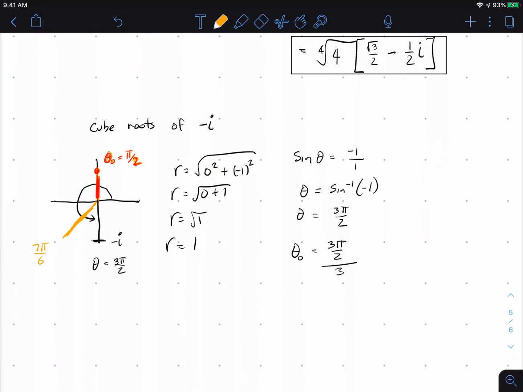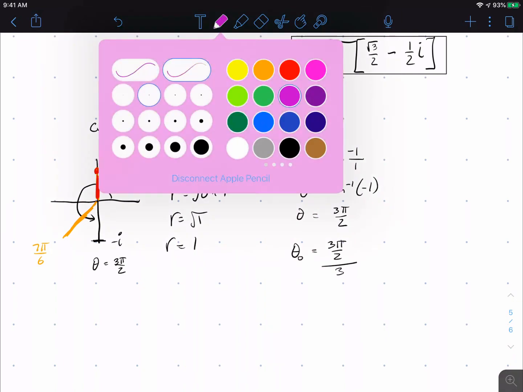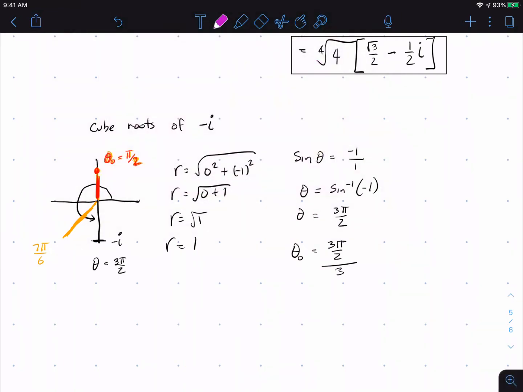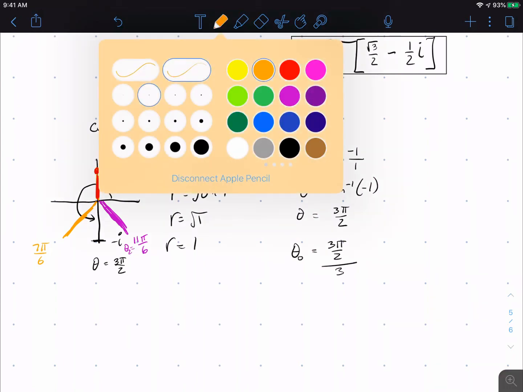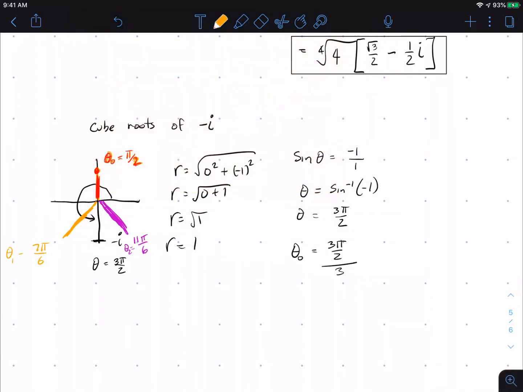And then to get my third angle, I'll use purple. I'm going to go another 2 pi over 3. So adding 2 pi over 3, that's adding 4 pi over 6. So this is going to be 11 pi over 6. That would be my theta sub 2. This would be my theta 1.